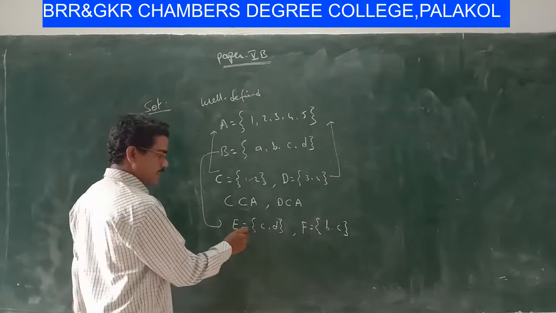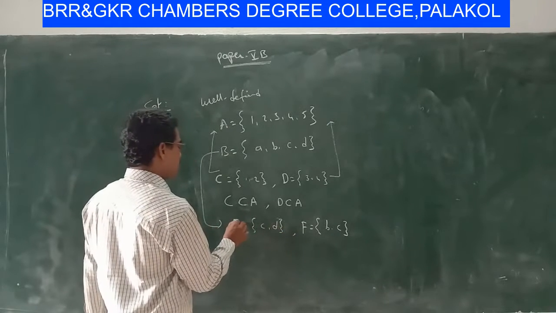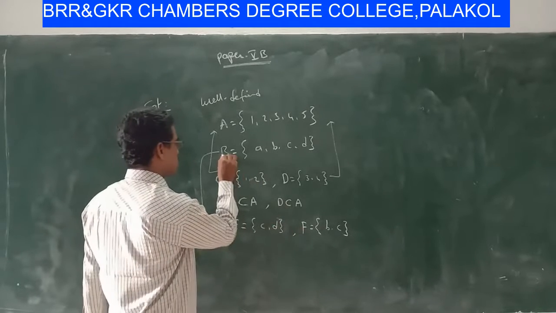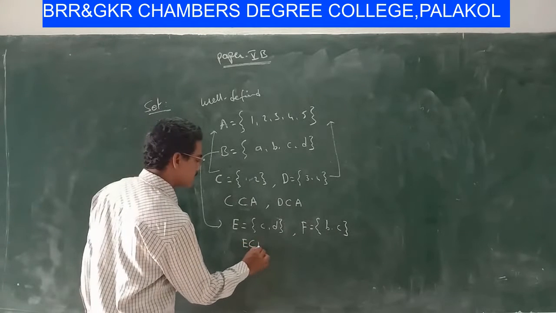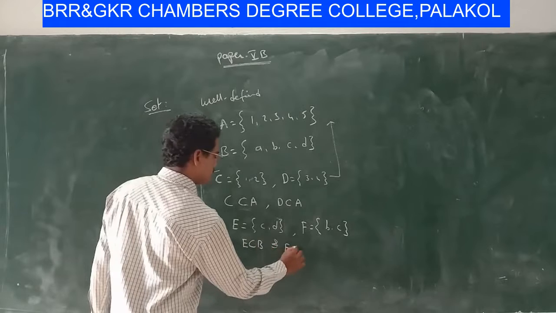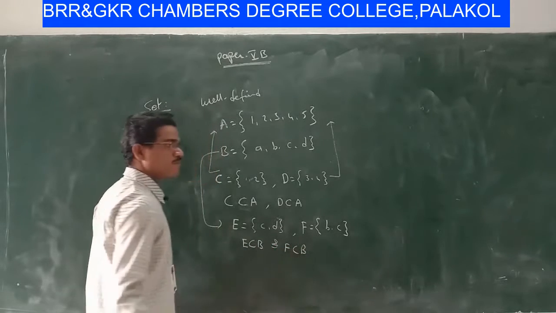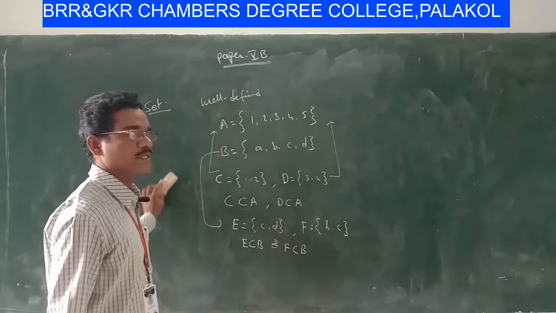Here E and F are sets, but E and F are also subsets of B, that is E is a subset of B and F is a subset of B. This is set and subset.